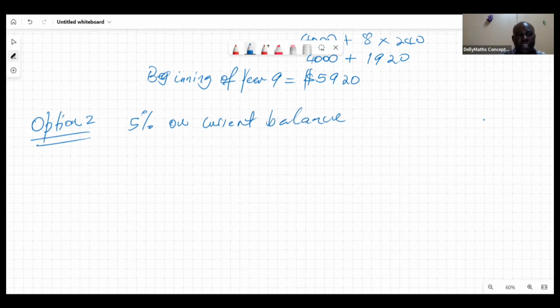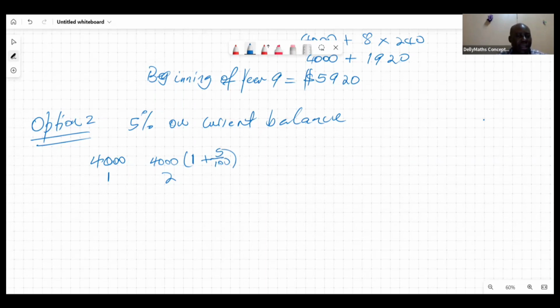The first year, you'll have 4,000. That's year 1. At the end of that, which will go over into year 2, you're going to have your 4,000, but it's going to be multiplied by that interest, which is going to be increasing. So it's going to be 1 plus 5 over 100.